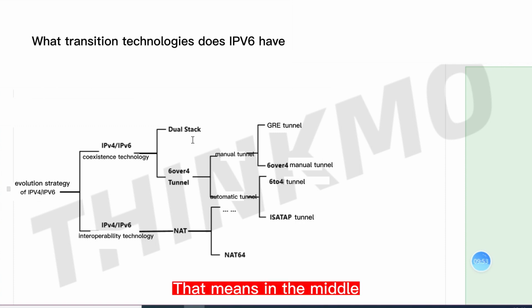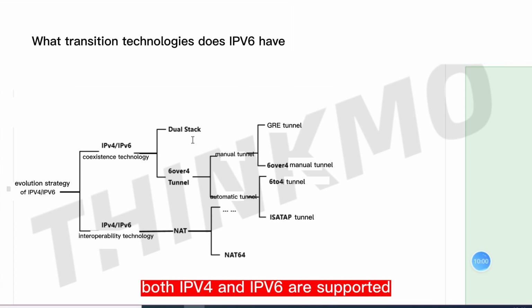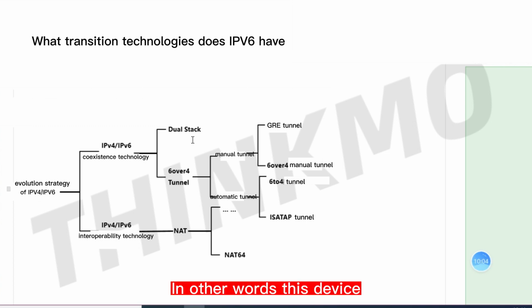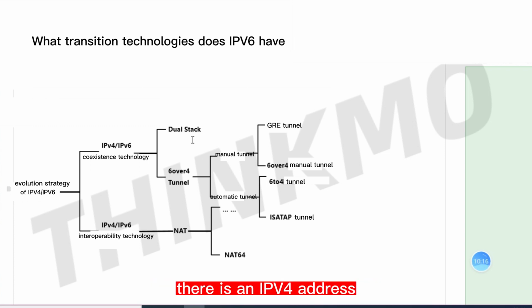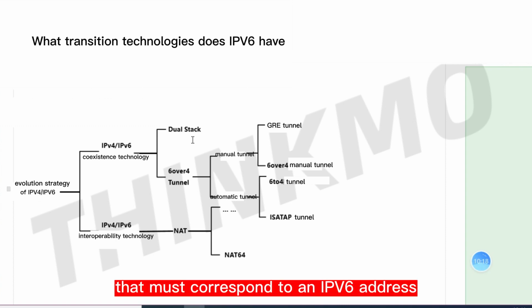That means in the middle there is a middleman, like a matchmaker. Both IPv4 and IPv6 are supported. In other words, this device we call a dual stack router. If you look at the IPv4 network, there is an IPv4 address, which must correspond to an IPv6 address.